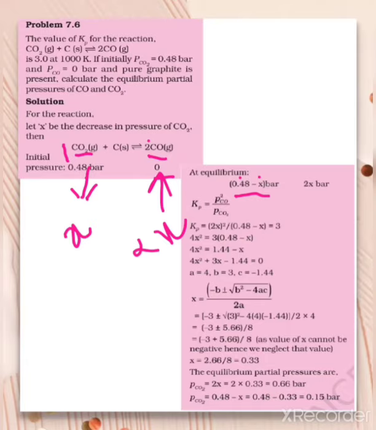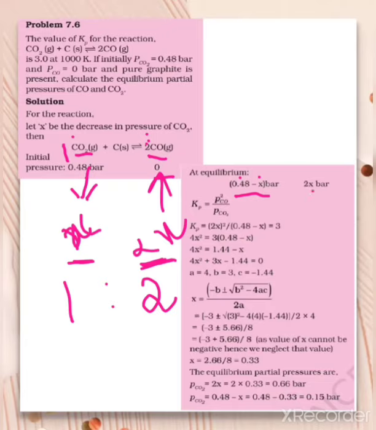So if X is the pressure decrease of CO2, then 2X will be the increase in the pressure of CO, because the ratio is 1:2. If X amount of CO2 is decreased, then 2X is increased.